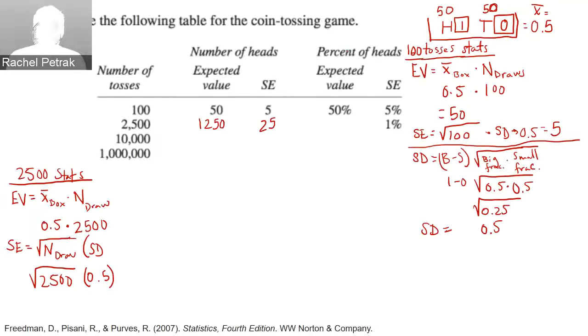And in terms of the percent of heads, we think through this logically. Our expected value, remember, is always going to be equal to 50%, because that's the mean of the box.